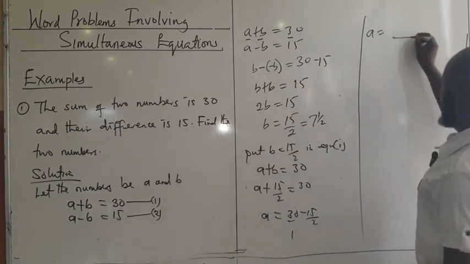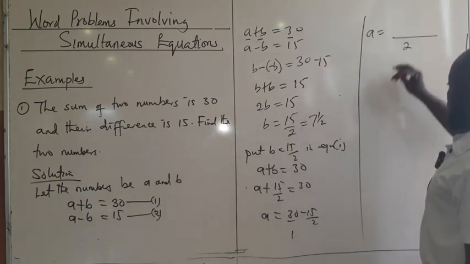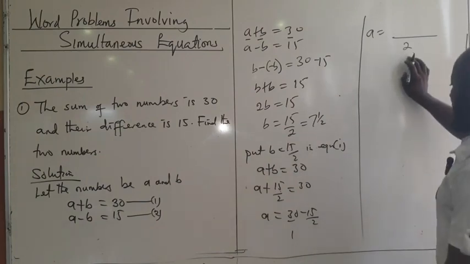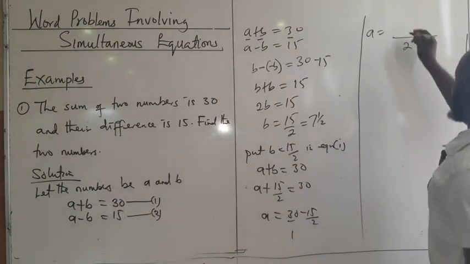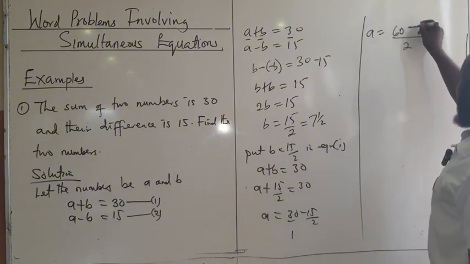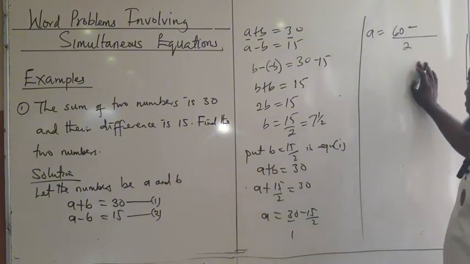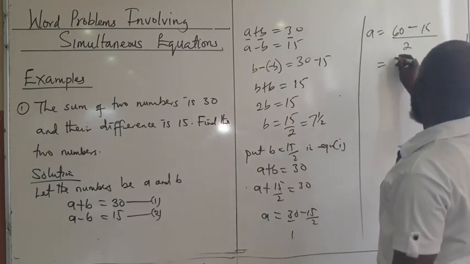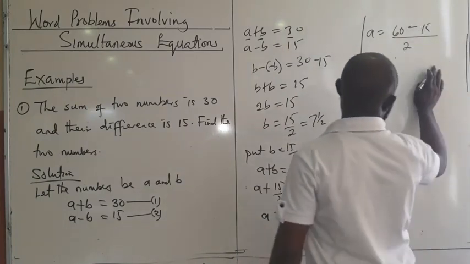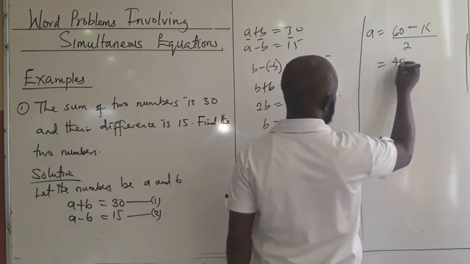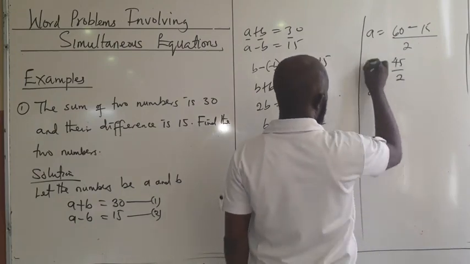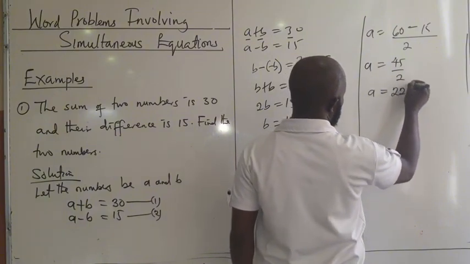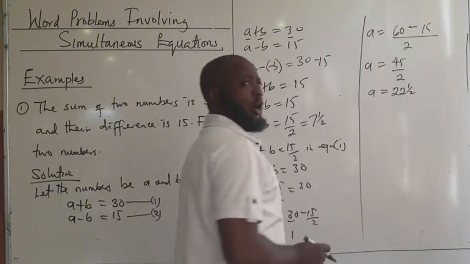Then we find the LCM, which is going to be 2. 2 times 30 is 60, minus 1 times 15 is 15. So that gives us 60 minus 15, that is 45 all over 2. Therefore, A equals 22 and a half. I hope that is very clear.